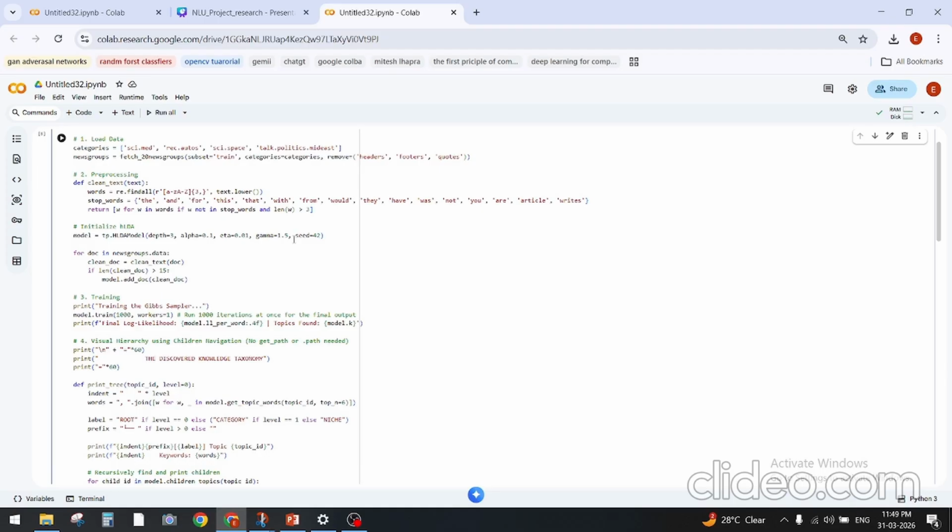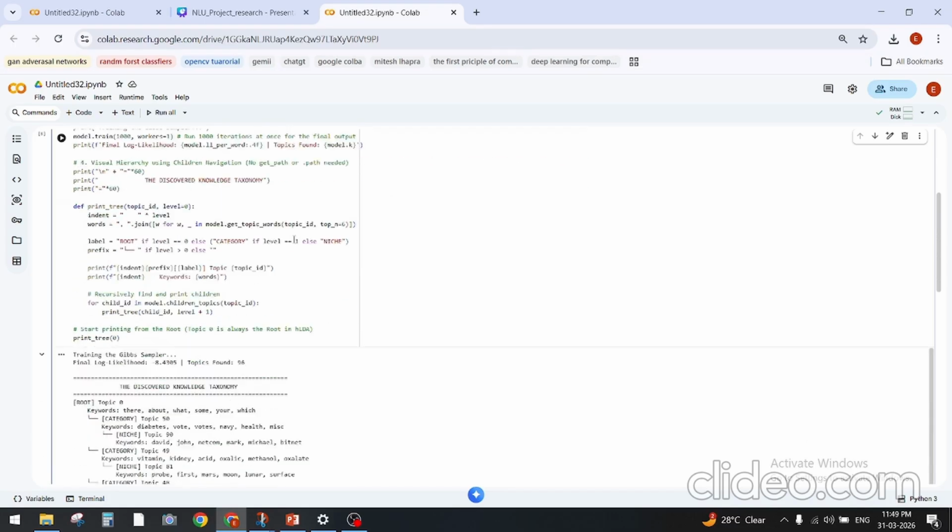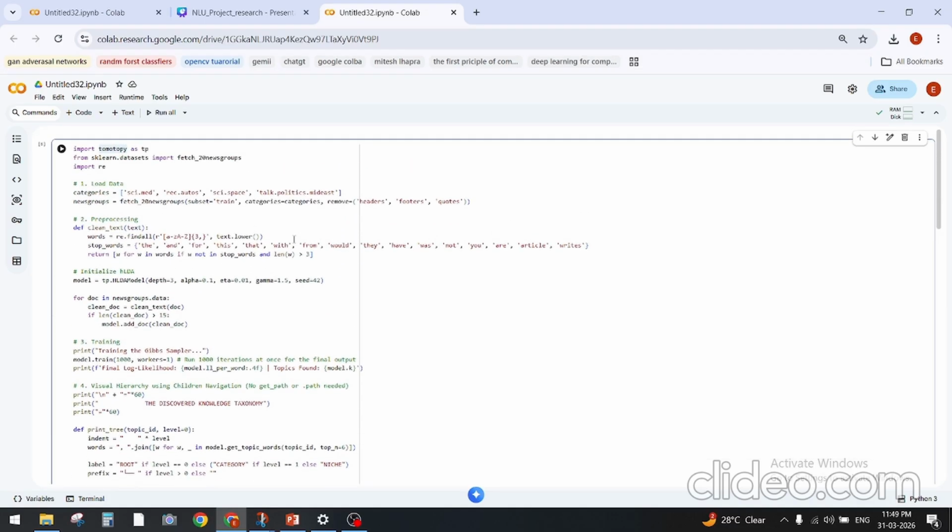That's why, at the end, because of this gamma value set appropriately, the model was able to discover 96 topics autonomously without us setting the value of k. The model learned it on its own.